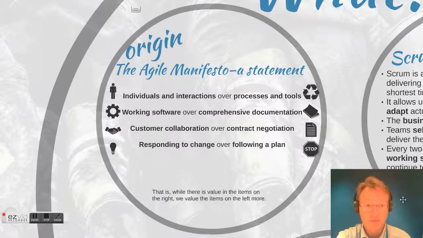The second thing is working software over comprehensive documentation. I'm sure that some of you have encountered a situation where you have received a 300-page thick requirement specification, or when you have been given a very thick book describing the design of your system.